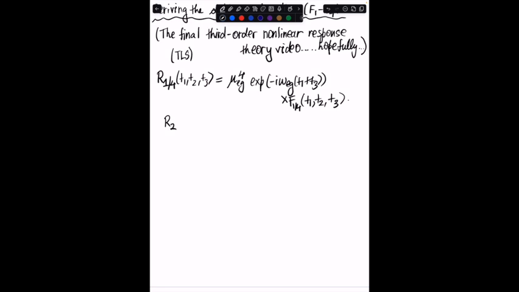So these are your non-rephasing processes, and you have two dephasing functions F1 and F4 to define the two non-rephasing processes. And then for your rephasing processes, which are your rephasing stimulated emission and bleach, we can write a general expression as follows, where you have your oscillator strength, and then here you have a minus I omega Eg, T3 minus T1, and you have the corresponding dephasing functions for these two processes.